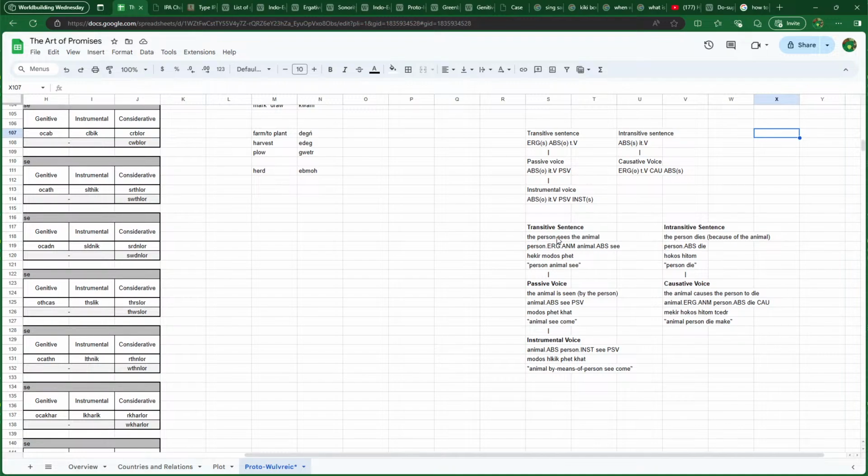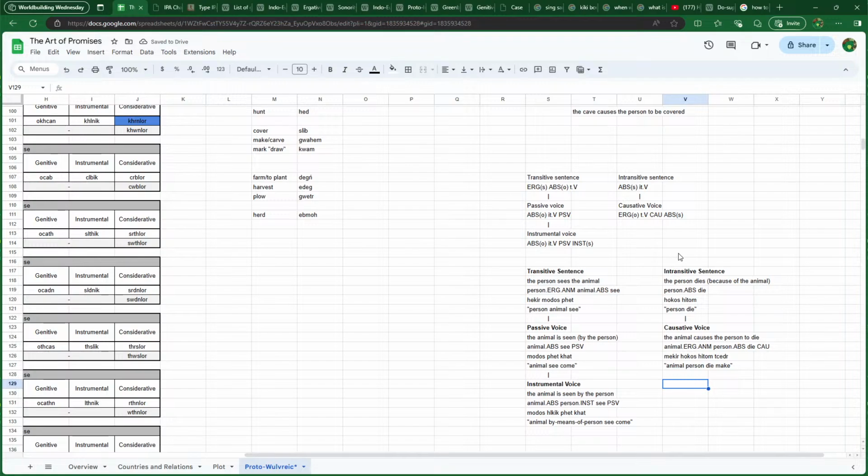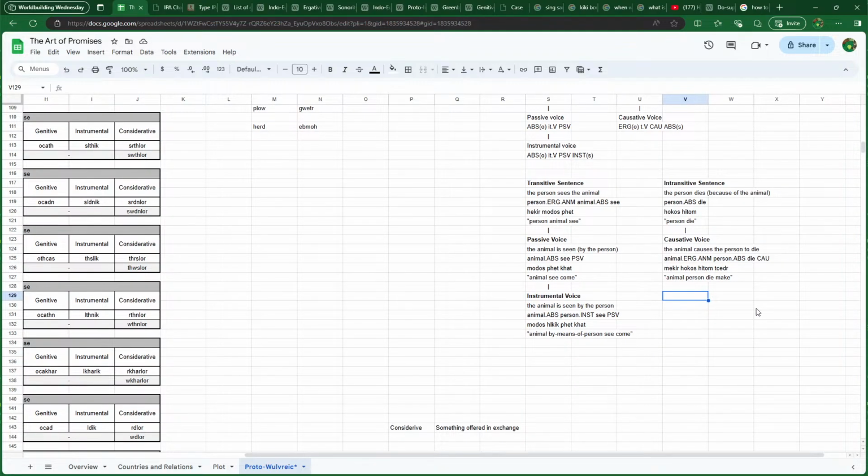So the person sees the animal, the person is seen, or sorry, the animal is seen, and then the animal is seen by the person. Although that leads sort of an opening for the causative voice to turn into something as well, right?